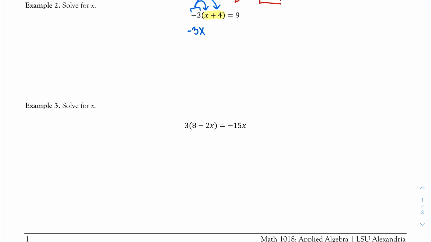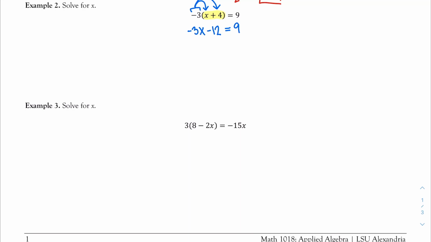Then -3 times +4, I get -12. That's my whole left side. On the right, I didn't really do anything, so I'm going to leave it alone for now. Now I've cleaned up all of my parentheses by distributing that -3. I'm done with step 2.